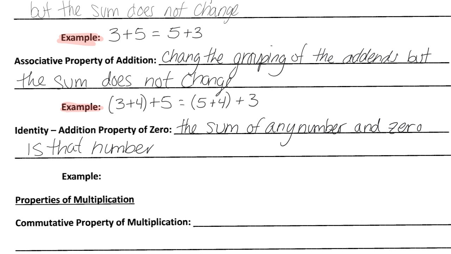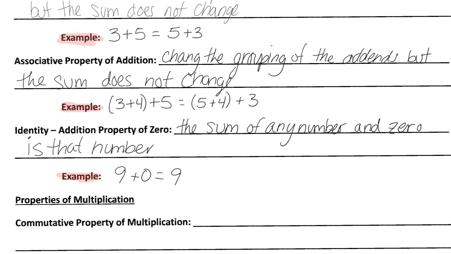So that's a fancy way of saying when you add 0 to something, it stays the same. So if we did 9 plus 0, it's still going to be 9, right? So it's just a fancy way to say that. So that's the identity property of 0 or the addition property of 0.